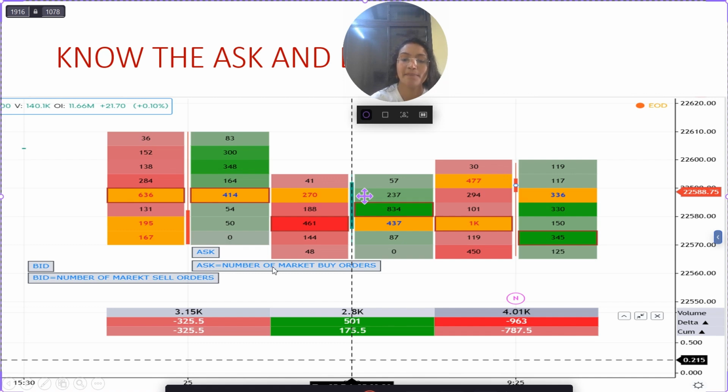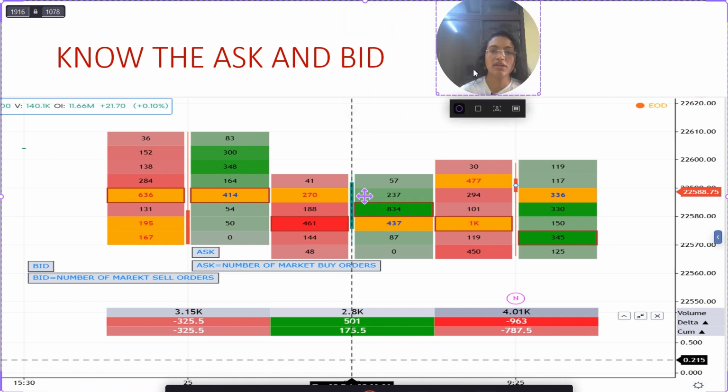Ask is the number of market buy orders. You have to understand this. Market buy orders, these are not limit buy orders. Market buy orders, in the sense, are the orders that have already executed.